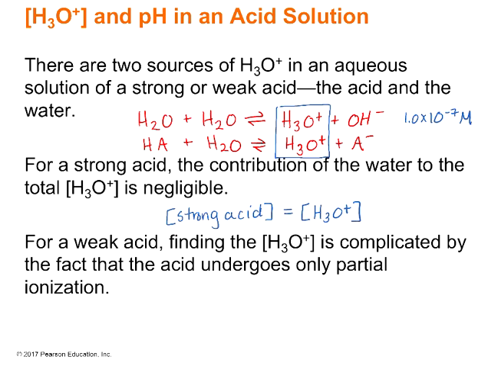For a weak acid, finding the hydronium ion concentration is more complicated, and that's due to the fact that the acid undergoes only partial ionization. So the concentration of hydronium ions from water could contribute to the overall concentration of hydronium ions in a weak acid solution.